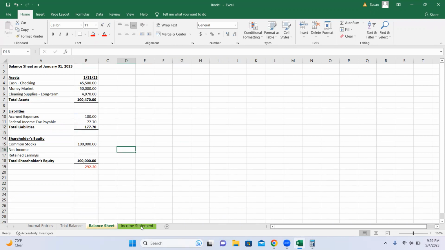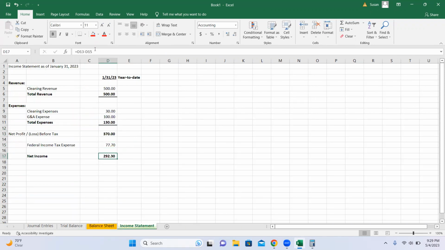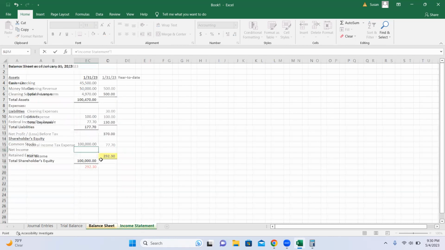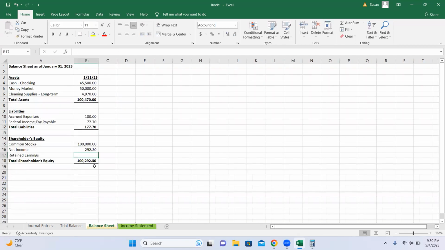So now we know that our net income is $292.30, and as you recall, net income statement is the periodic activities, but the balance sheet is the balance of everything. Your net income is a component of your equity balance. So that's why I have to pull that number from the income statement. So now our cross-check would be 0.